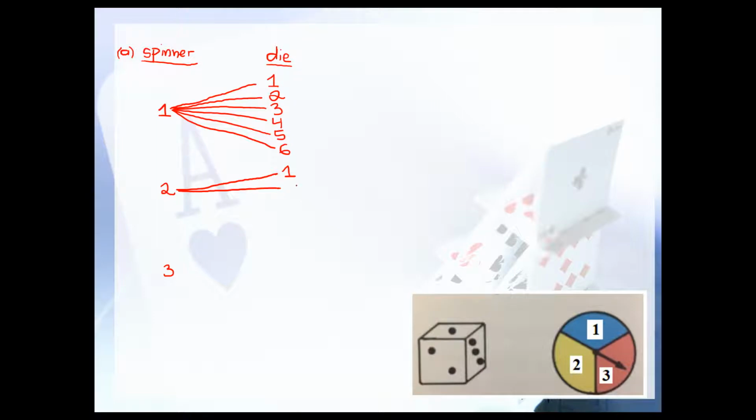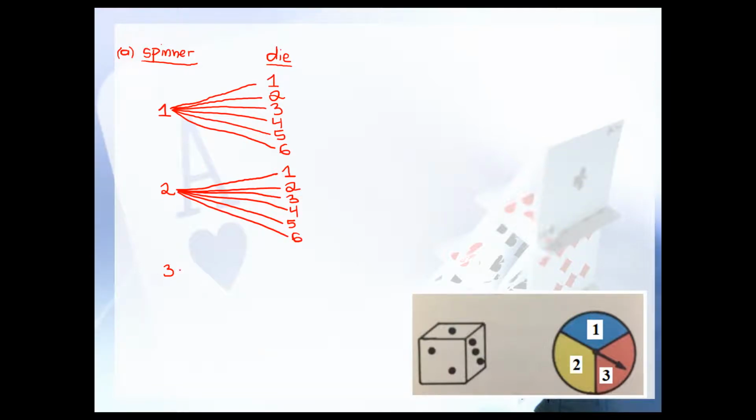spin a 2 and roll a 2, spin a 2 and roll a 3, spin a 2 and roll a 4, spin 2 and roll a 5, and then spin 2 and roll 6.